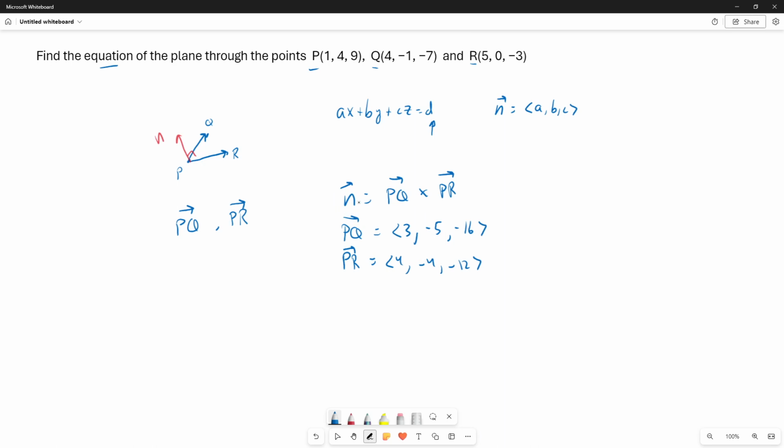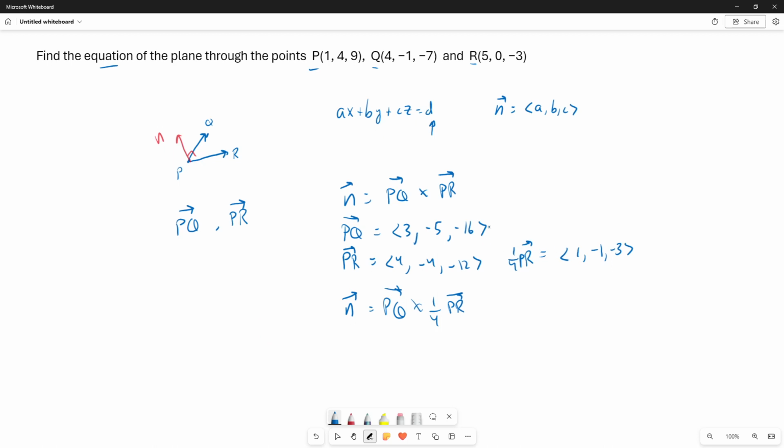So instead of saying that our normal vector is PQ cross PR, we'll say that our normal vector is PQ cross 1/4 of PR. 1/4 of PR is 1, -1, -3. No need to work with unnecessarily large numbers.